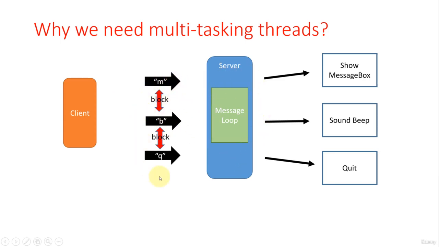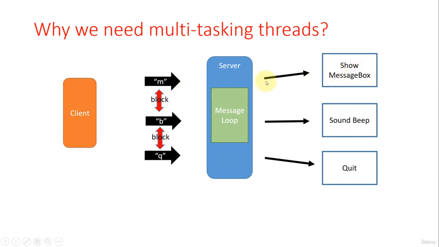The problem with this design is that while the server is processing the first message, if the client were to send a second message, it will be held in the queue. It will not be processed immediately. So the second message will need to wait for the first message to complete.